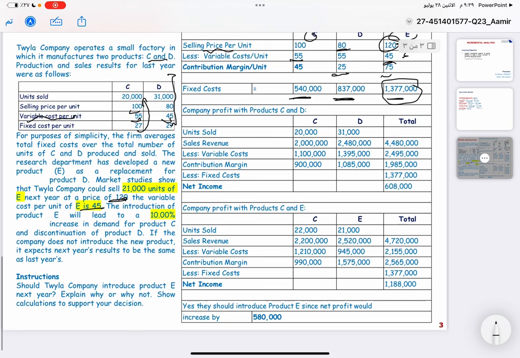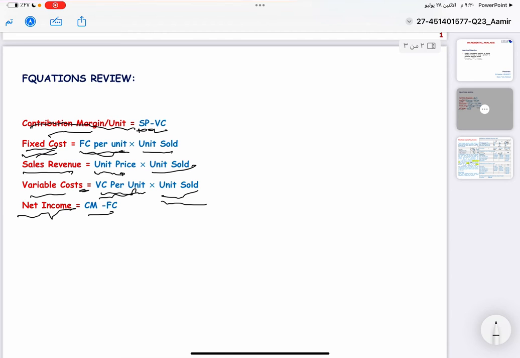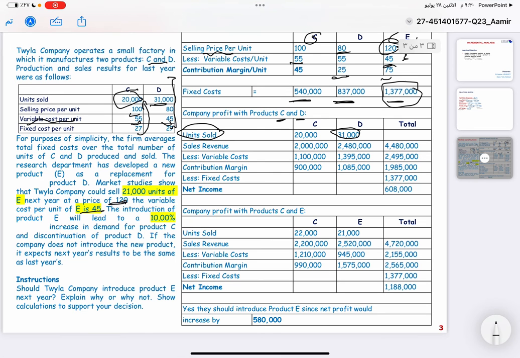Okay, now we have to compare C and D. Units sold from the question is 20,000 for C and 31,000 for D. Sales revenue, as we talked about before, equals unit price times units sold.